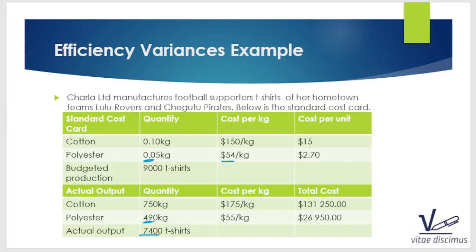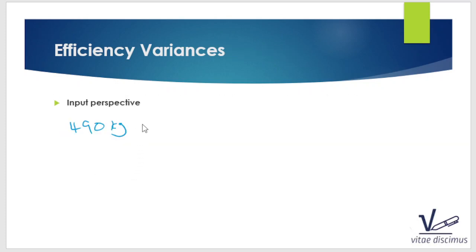So the 490 kilograms, divided by the 0.05, would have produced 9,800 t-shirts for us.